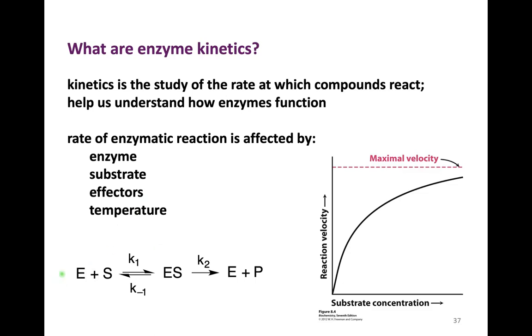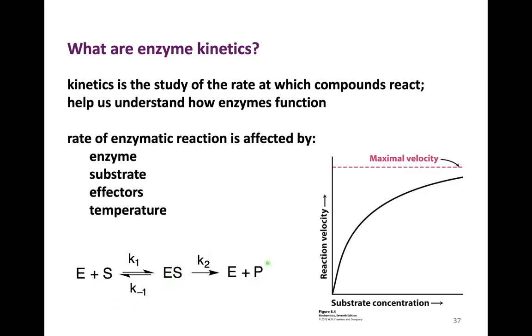Okie doke. So we can write out, as we've seen before, our enzyme and our substrate forming the Michaelis complex with certain kinetics, and that complex can dissociate back into substrate with a certain rate constant. Or alternately, the substrate can move forward into product.